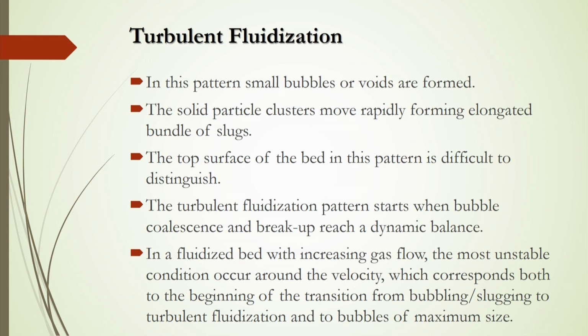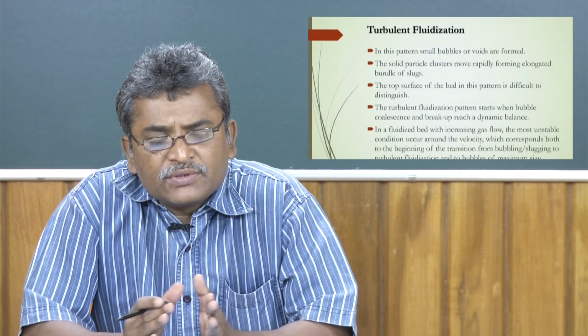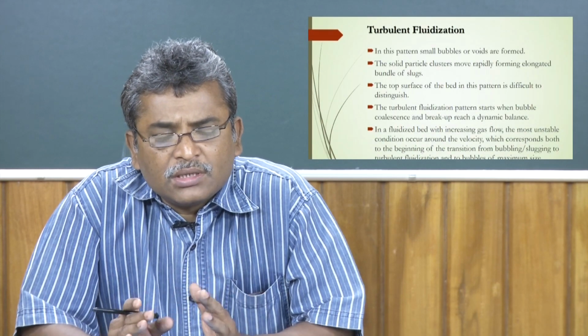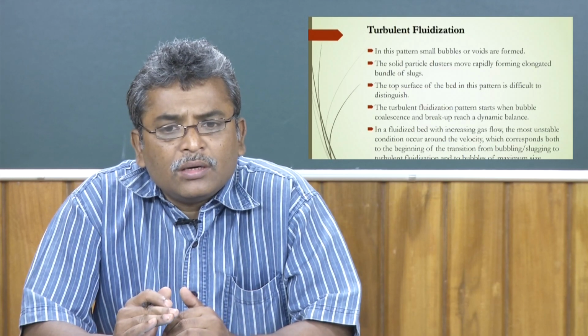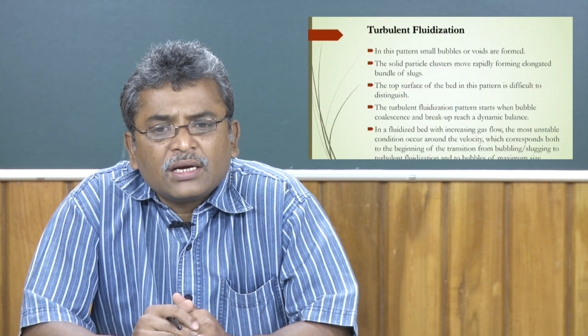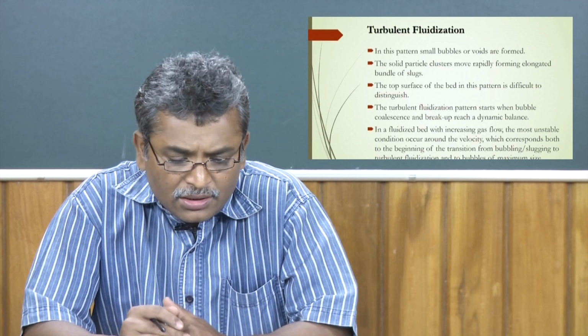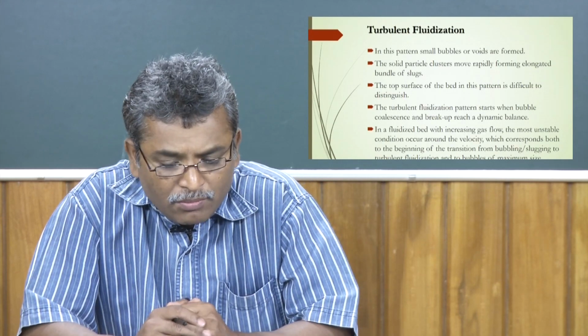You will see some clusters of particles forming, and those clusters move upward, and sometimes these clusters, whenever they collapse or reach the bottom of another slug, may be elongated and a bundle of slugs will form.